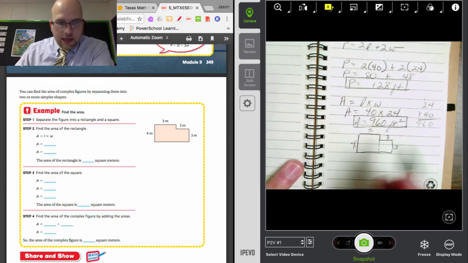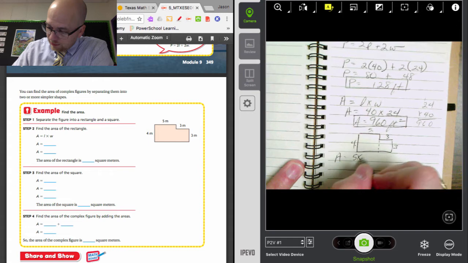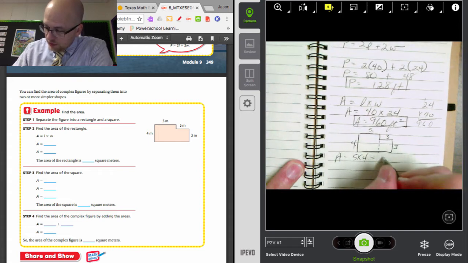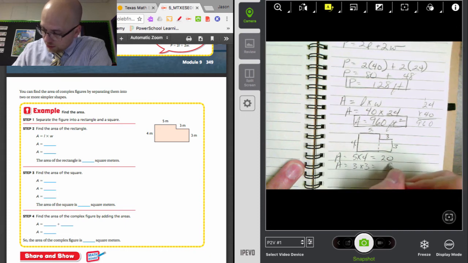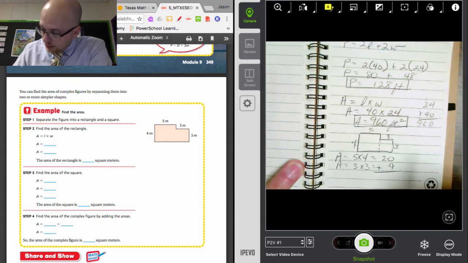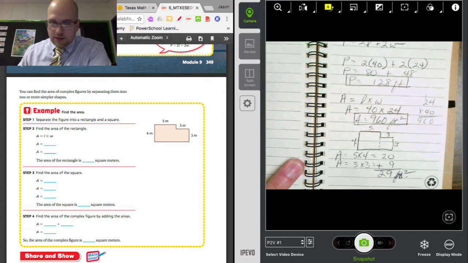So the area of the rectangle, area equals 5 times 4, equals 20. And then the area of the square, area equals 3 times 3, which equals 9. Add those together, and that means the area of the whole thing is 29 square feet, or meters, as the case might be. 29 square meters.